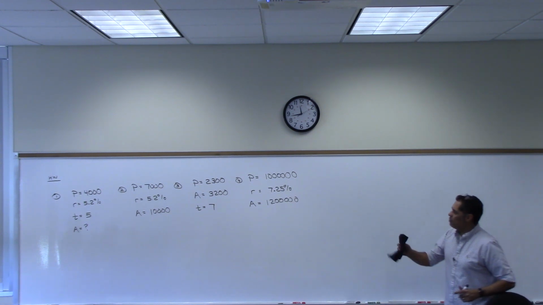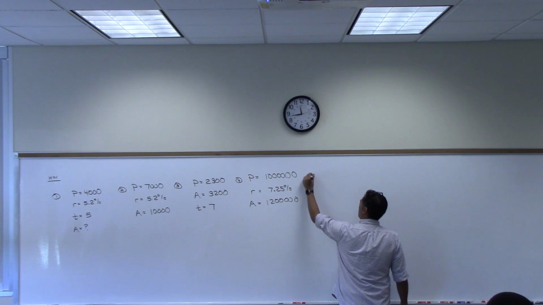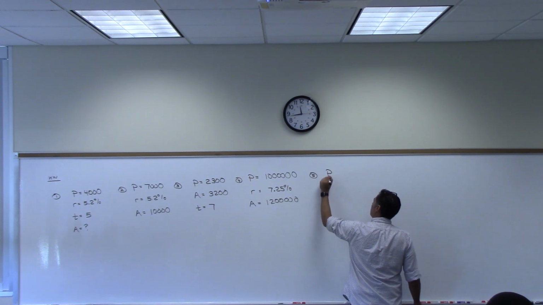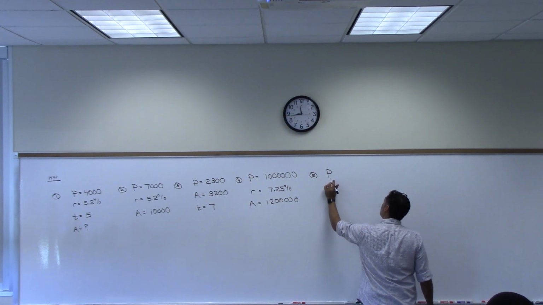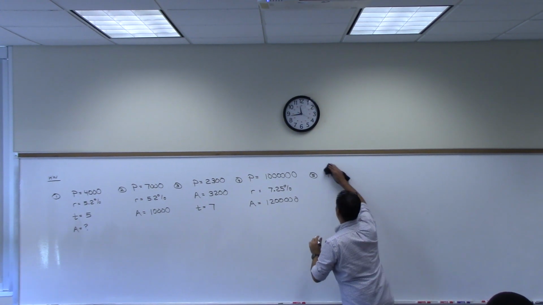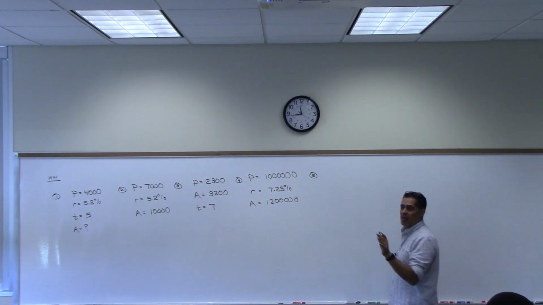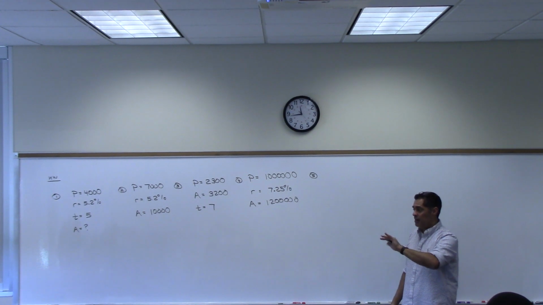Yeah, let me go one more. Or we just leave it even. You know what? This is going to be a challenge problem, and we'll talk about it next class, all right?